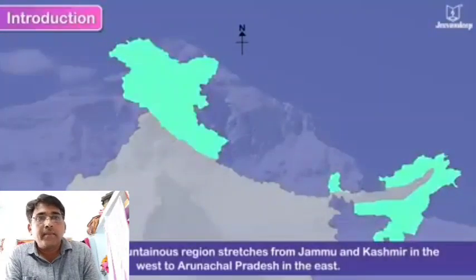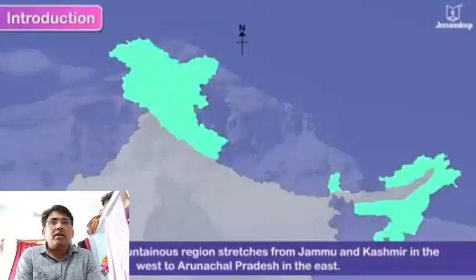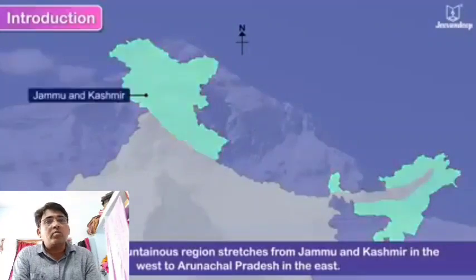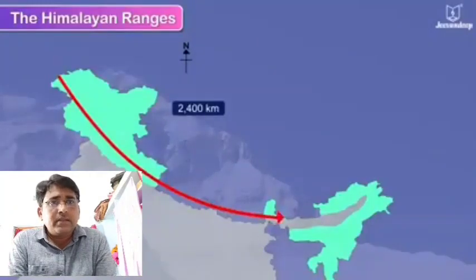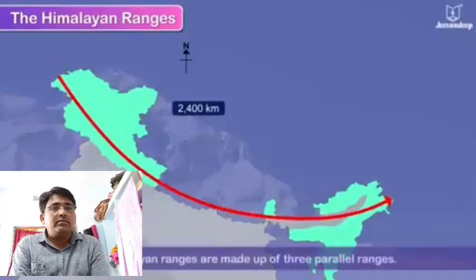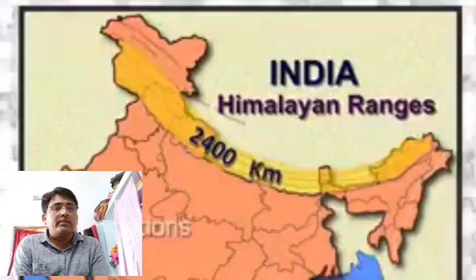One, the Himalayas. The Himalayan ranges run from Jammu and Kashmir in the west to Arunachal Pradesh in the east. They form an arc with a distance of about 2,400 kilometers.